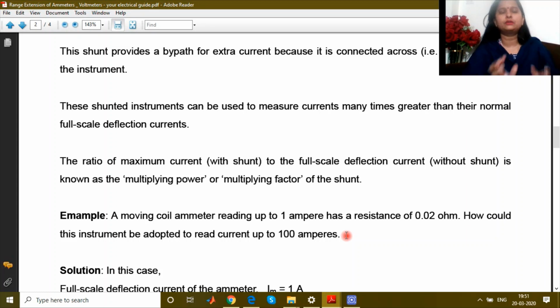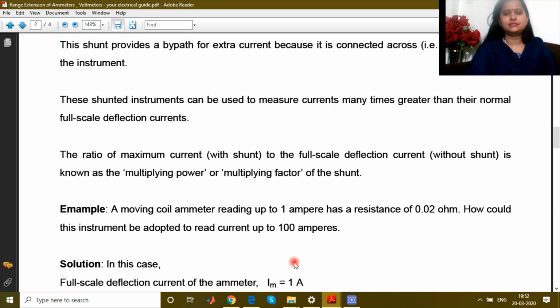Suppose you have a load, a device where the current flowing is up to 100 ampere, and you have an ammeter which can measure only up to 1 ampere. So how can you extend the range of this ammeter to 100 ampere?